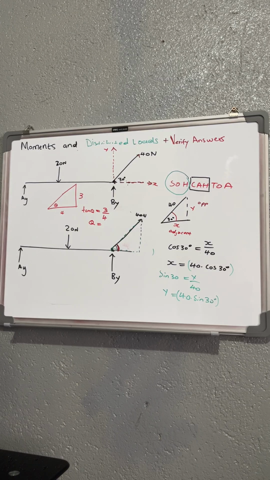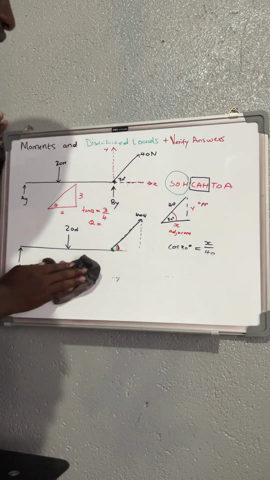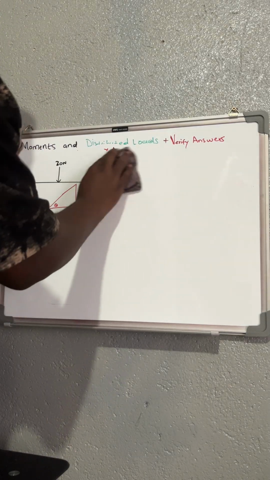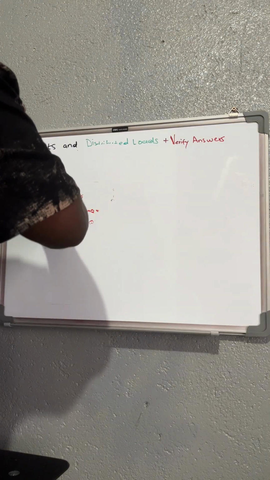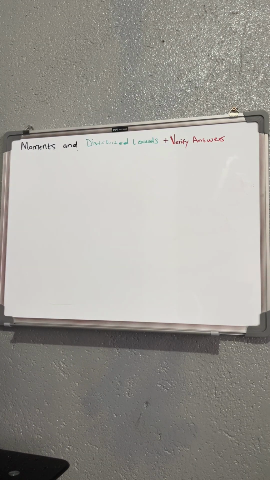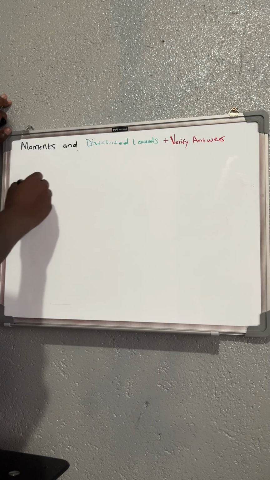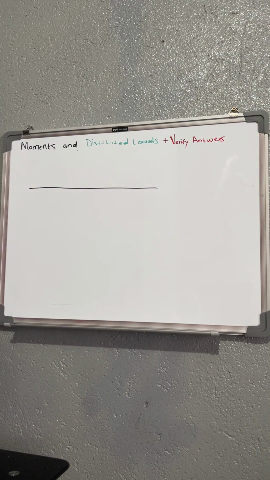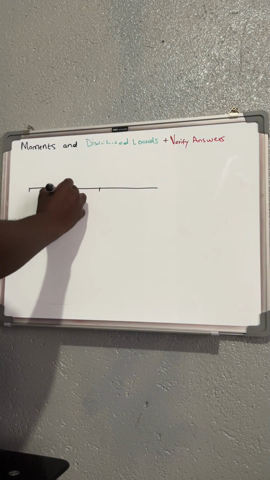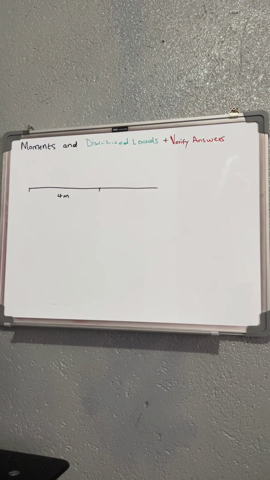So lastly, it's when they are going to hit you with everything. I've taught you everything with regards to the distribution and also the loads. So they can give you one example which includes everything. They give you something like this, then they can say, okay, from here to here it's 4 meters.